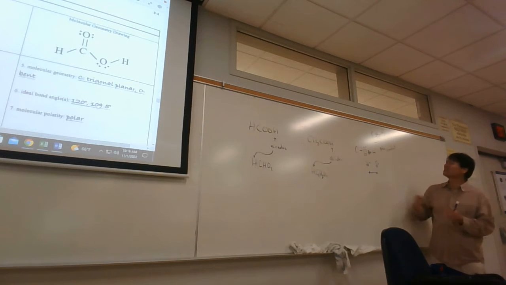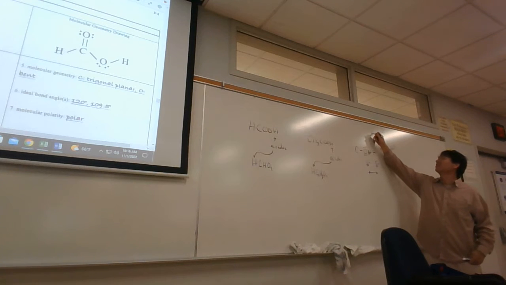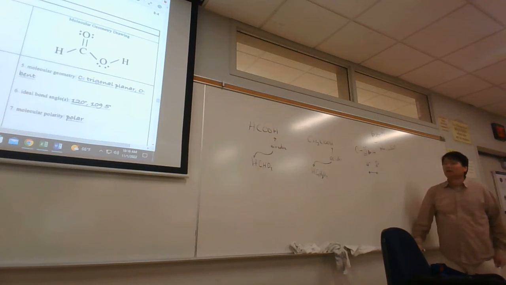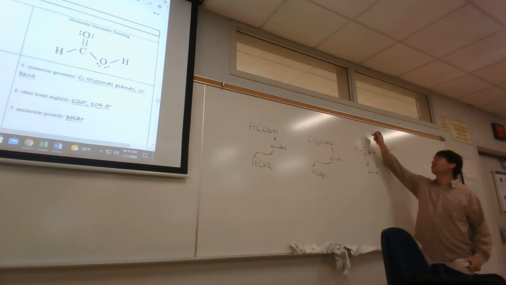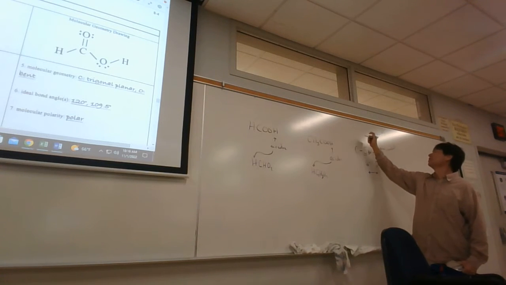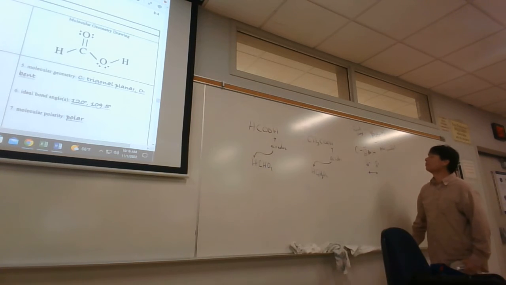And so the hydroxide, well, that negative charge is actually on the oxygen here. And we're going to look at how to calculate this. This thing that I've circled here is called a formal charge.